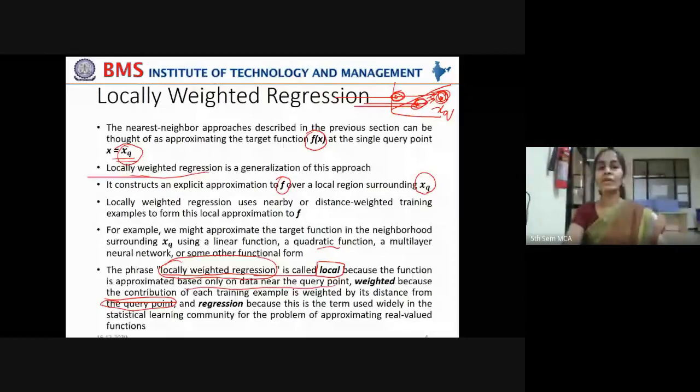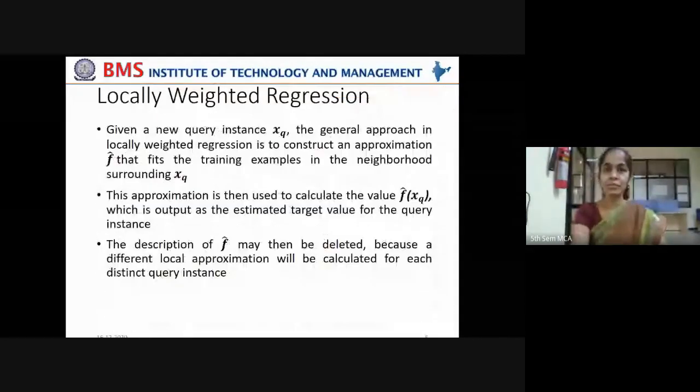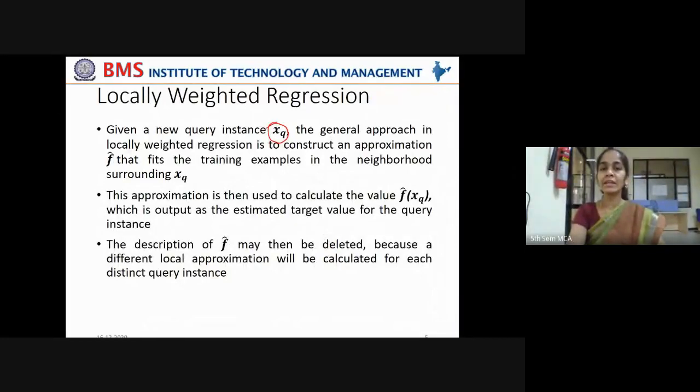Now, given a new query instance XQ, the new data point XQ, the general approach in locally weighted regression is to construct an approximation F cap. Why do we call it an approximation? Because prediction is always not a deterministic value.